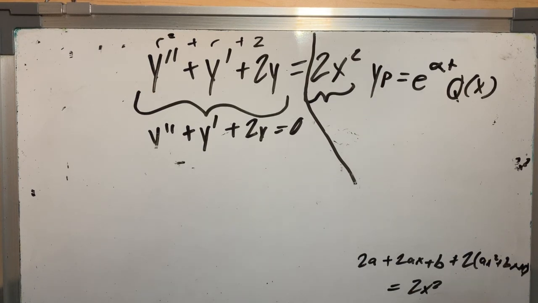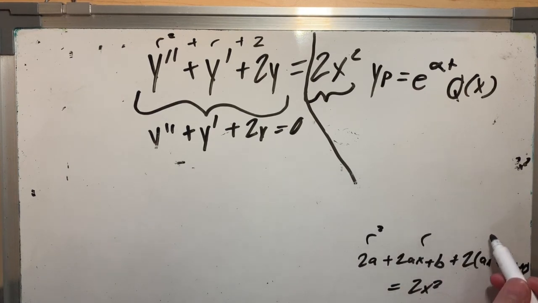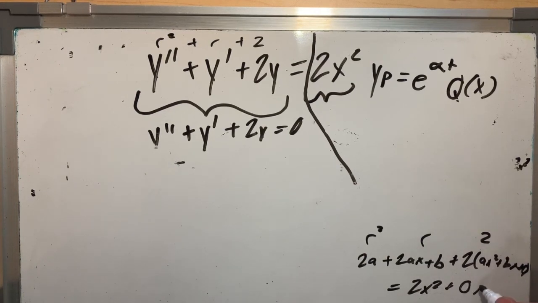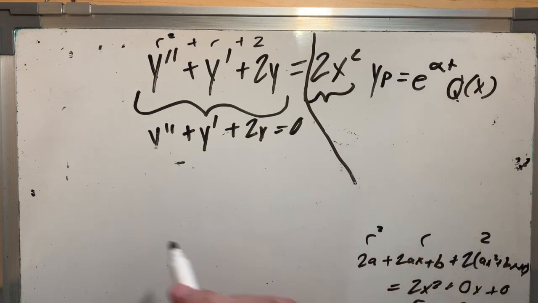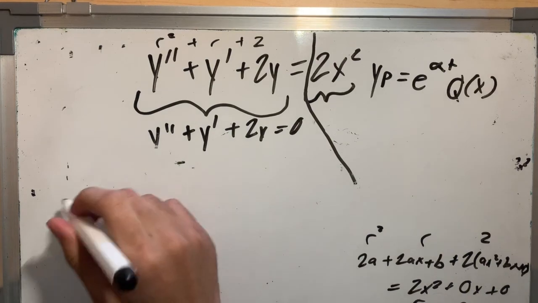So we know that each of these represents, so this represents r squared, this represents r, this represents the 2, and the same thing would go here, except there's just 0x plus 0. We match them up. We don't need to use our x squareds. Well, we need to use our a. We don't need to use our x's, because x's are variables. A's are not. They represent constants. They don't represent variables in this situation, which is why you have to use them.